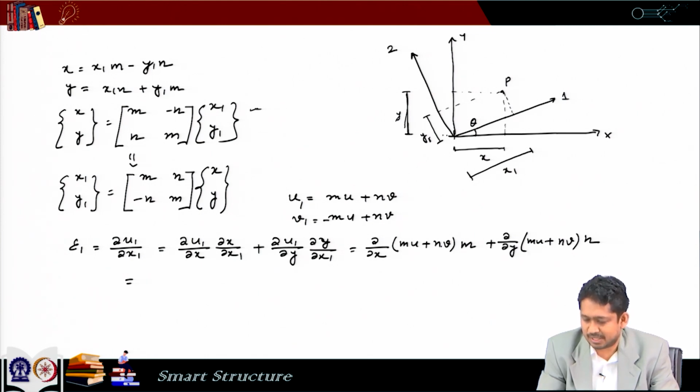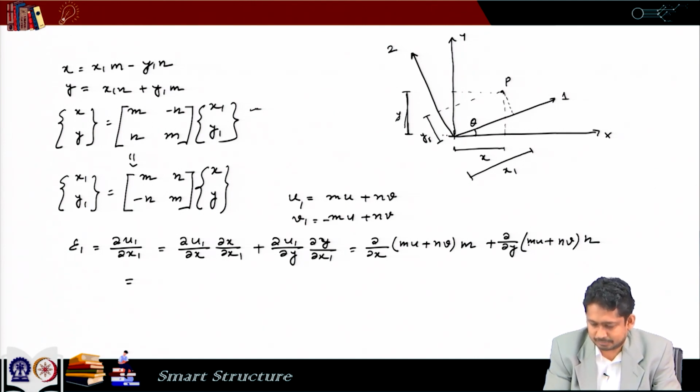And this term will give us mn multiplied by del v by del x and this will give us mn multiplied by del u by del y and we know that del v by del x plus del u by del y is epsilon xy or epsilon s.